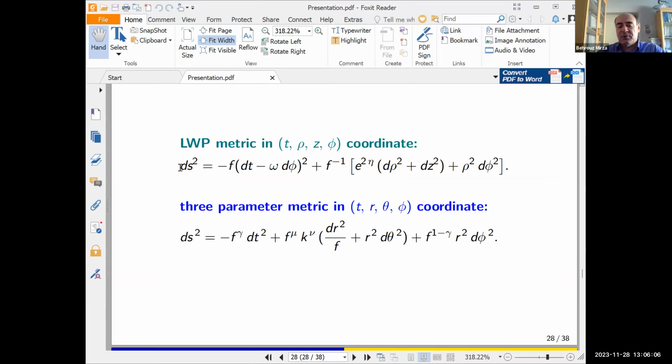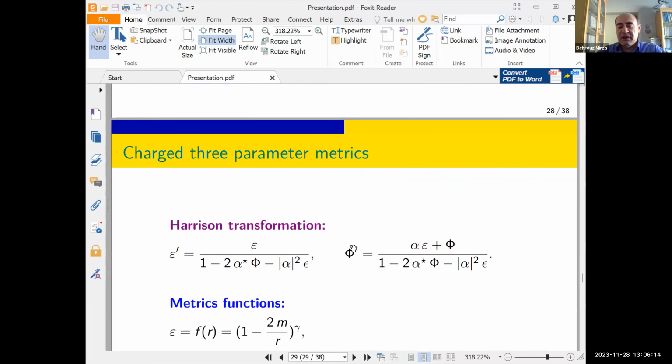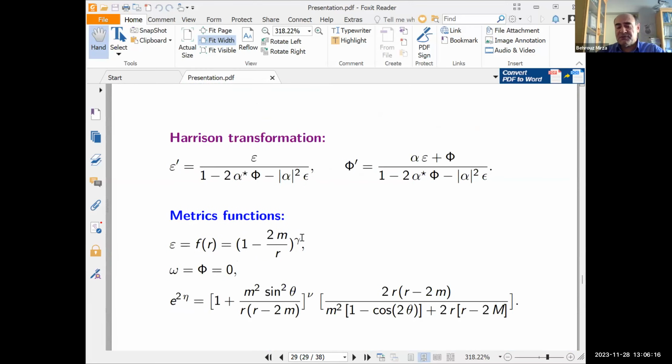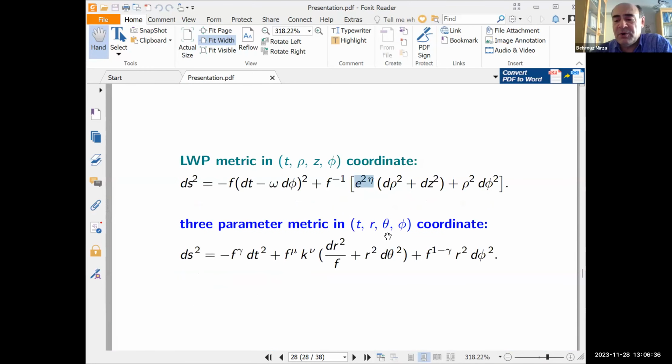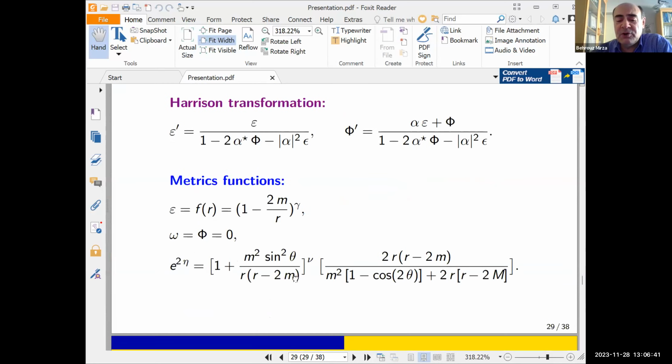We start with this form of metric here, and then our original metric is written as follows. Then we can use the Harrison transformation. By the Harrison transformation, we can choose the lapse function equal to E, the Ernst potential. The potential phi is equal to 0 in the Ernst equation, and e to the power 2 eta in the new coordinate can be written as follows.